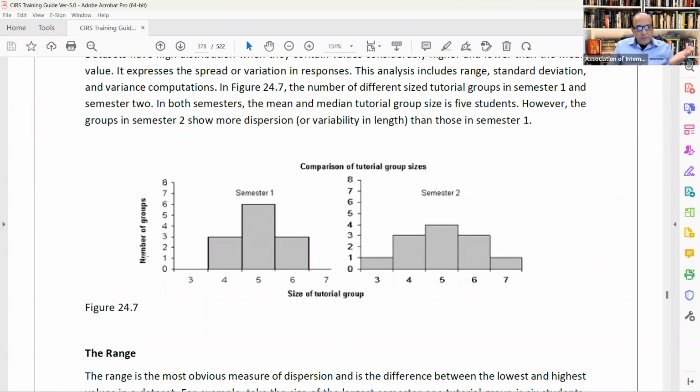Like in this one, you've got number of groups on the x-axis. It is saying 1, 2, 3, 4, 5, 6, 7. It is representing 8 groups. And against 8 groups, I guess this is X, I'm sorry, this is Y. So Y is giving groups that are numbered 1 through 8. And on the X-axis, you could see the size of the tutorial group.